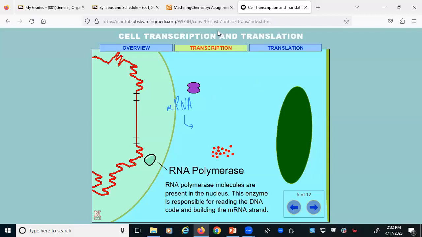The enzyme in question is something called RNA polymerase. RNA polymerase is what is going to attach itself to the DNA, zip open the DNA, and copy the DNA to create this messenger RNA strand.